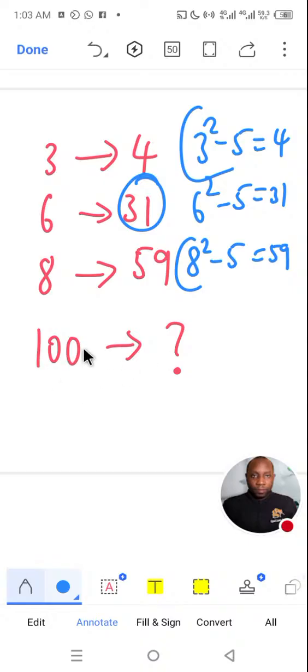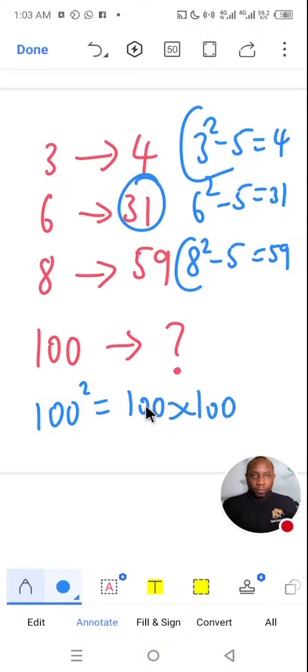So we can now use it to get this last one. You do 100 squared. 100 squared is equal to 100 times 100, which is 10,000.